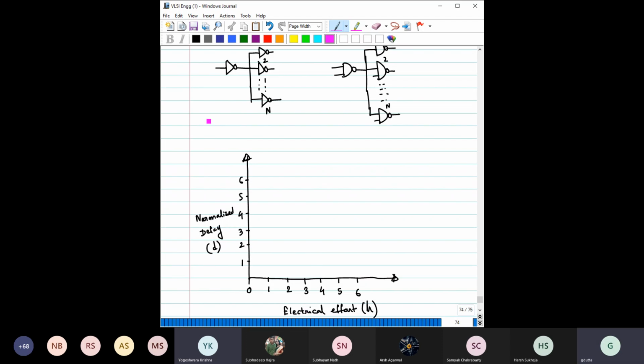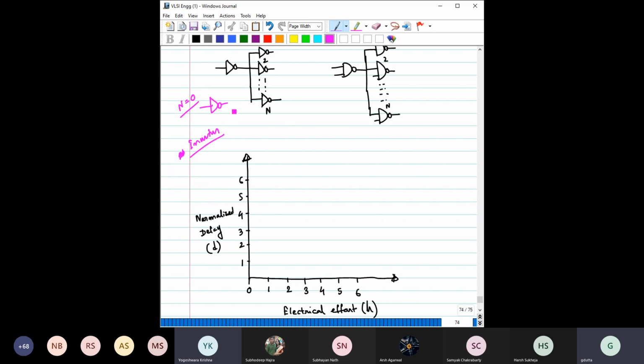Okay, so let us start with this inverter. Let us fix this inverter with, say, this pink color. Say this inverter is not driving any gate, so n is equal to 0.